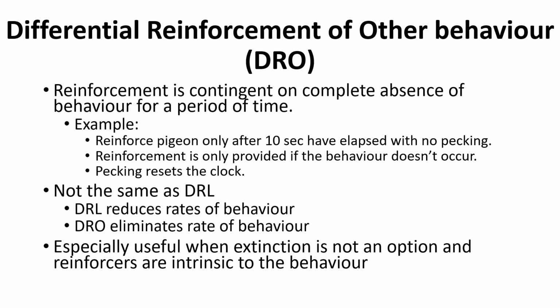And so you can't really use extinction on that because the process of sucking their thumb is itself reinforcing. So what we're doing is providing reinforcement for something else. They get that story read to them if they do another behavior, which is any behavior other than sucking their thumb. So that's why this is a good procedure for situations like that.